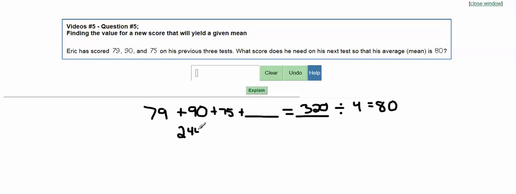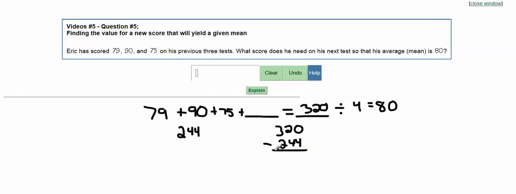So on his next test, if when the test is done he has 320 points, then he'll have an average of 80. So we take the 320, the total points that he'll need, and subtract from that the points that he already has, which is 244.